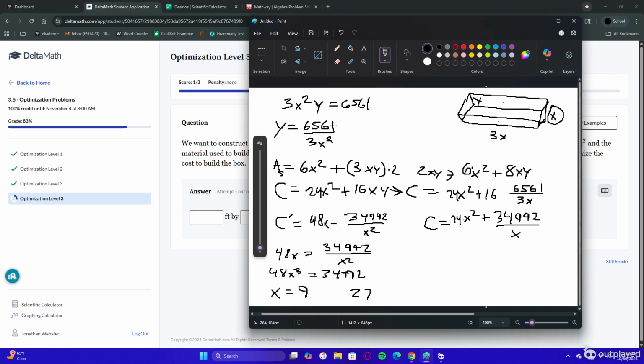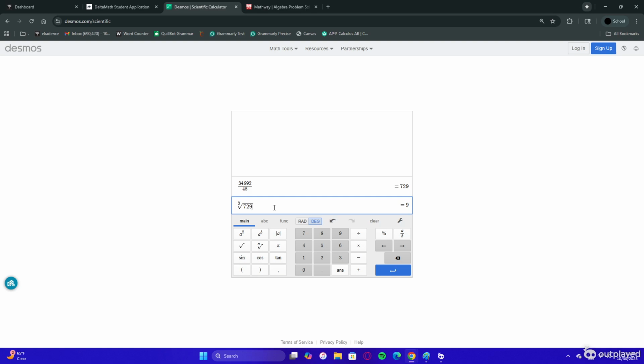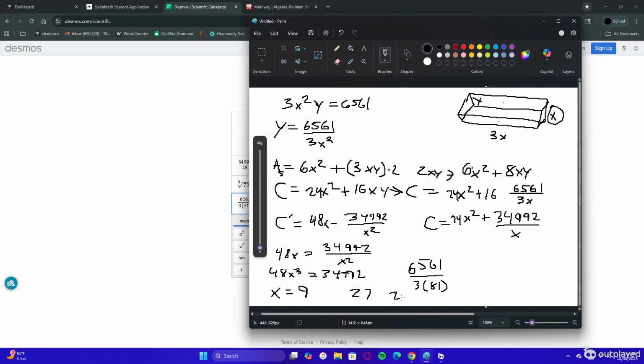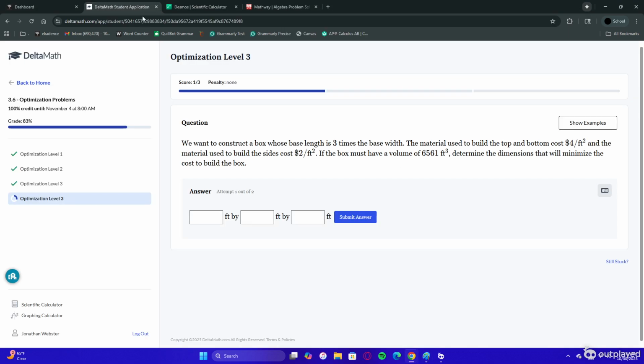And our y, we have this here, 6,561 over 3 times 9 squared, which is 81, or 27. So our dimensions here would be 27 by 9 by 27.